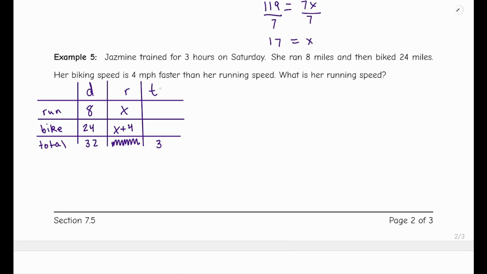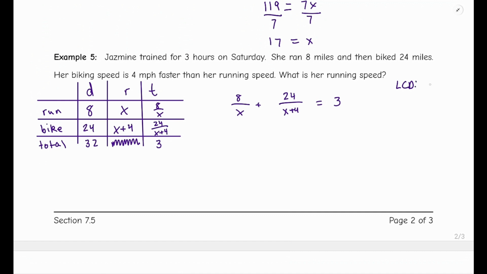Okay, so t is d over r, so we get 8 over x and 24 over x plus 4. And because we have that total row, our time column gives us our equation. 8 over x plus 24 over x plus 4 equals 3.